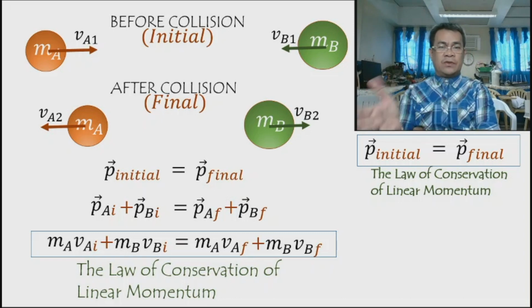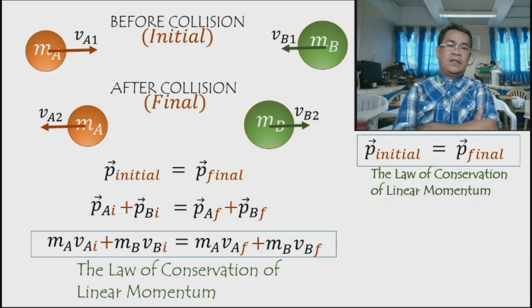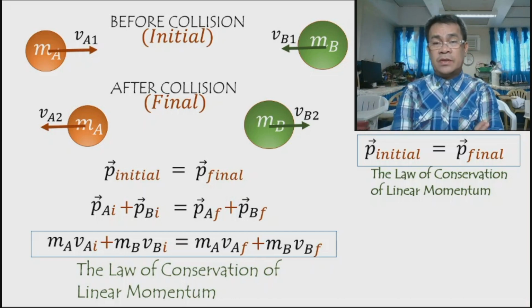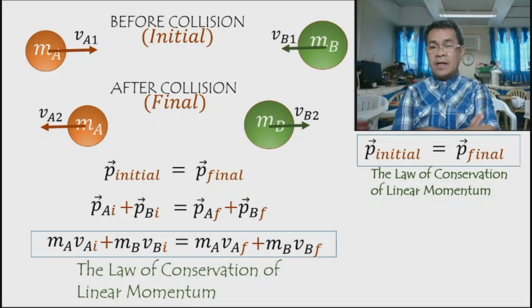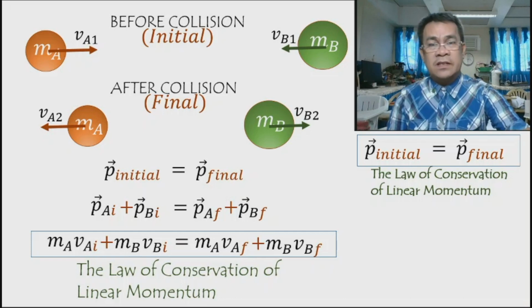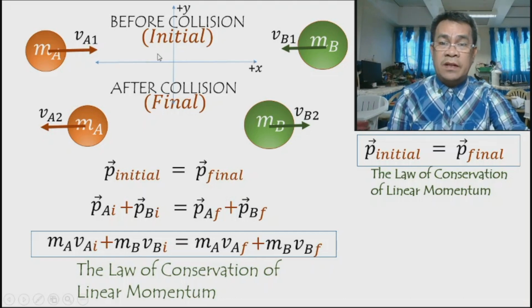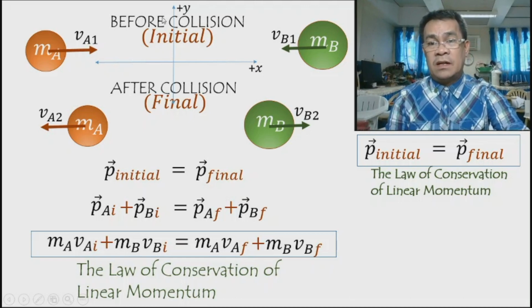So it is always true for all particles that collide with each other. Again, momentum is a vector, so we have to provide the direction. All you need to do is overlay the Cartesian axes for the activities before collision and after collision. So you have to be consistent.